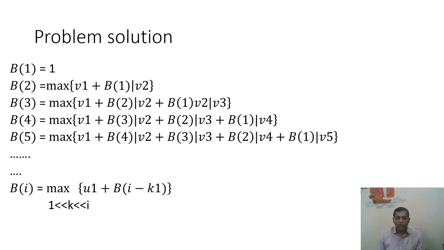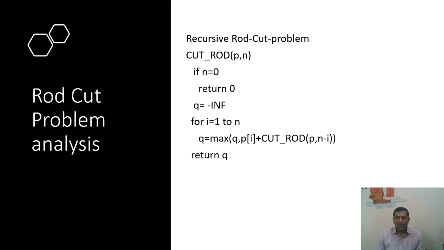Maximum of V1, where V1 is the rod length, achieved with B of I minus K. K is the partial value, the remaining value of that particular length. So V_i plus B of I minus K is done here. Then we will get this as the optimal substructure, and this optimal substructure is then finally put into a program.